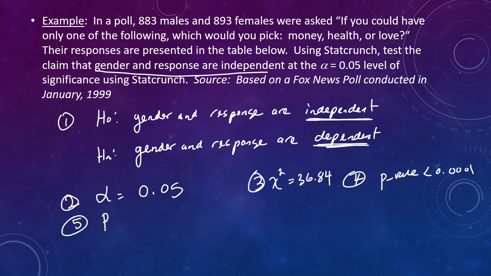In step 5, I'm going to ask the question, is the p-value less than alpha? Is 0.001 less than alpha, which was 0.05? Yes, it is. So we do reject the null hypothesis.